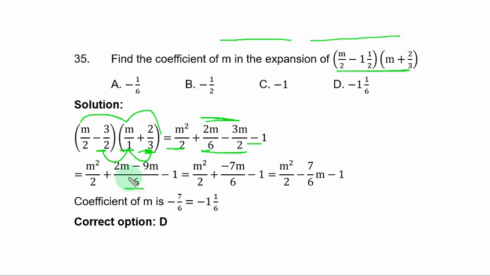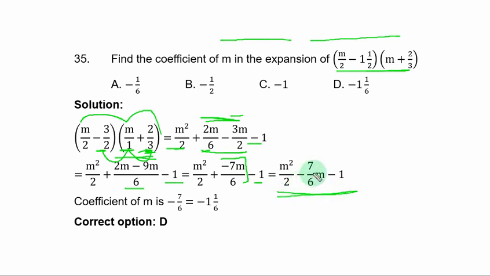So you have 2m minus 9m. That is, divide 6 by 2 is 3, 3 times minus 3m, you have minus 6m, then minus 1. If you subtract, you have m squared over 2 plus minus 7m over 6 minus 1, and that implies this.